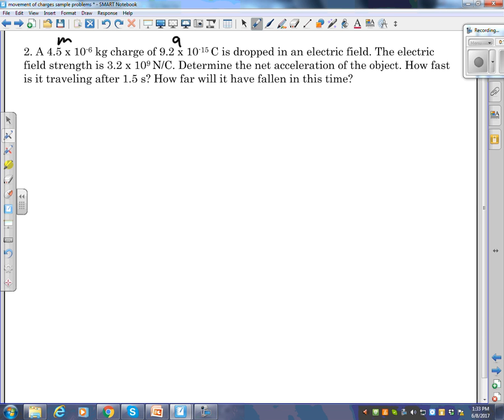The electric field strength is 3.2 times 10 to the 9, that is our E. Determine the net acceleration. Oh, so we're not looking for the net force, we're looking for the acceleration. Then we're also being asked how fast is it traveling. Well, this is just a big review of the first unit.